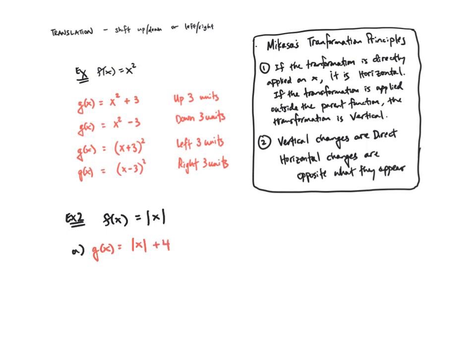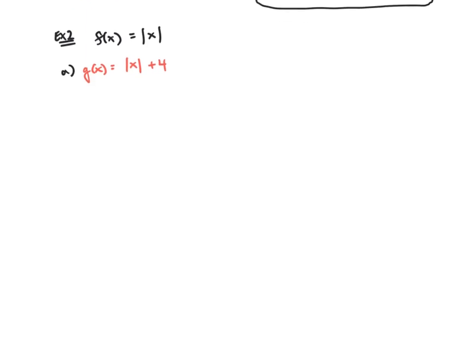All right, so I look at this problem and I see a plus 4. First thing I'm going to do is identify what that plus 4 does to my parent graph. This plus 4 is going to move everything up 4 units. That's actually pretty easy because I know what my absolute value graph looks like. If I shift everything up 4 units, this is going to be my new vertex.